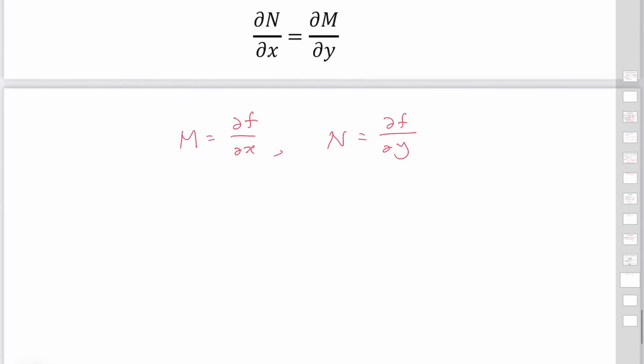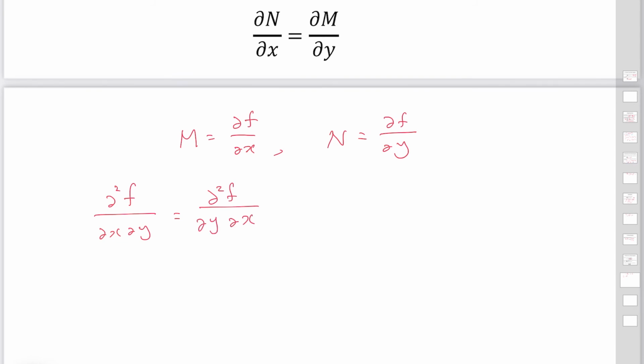The second derivative ∂²f/∂x∂y is equal to ∂²f/∂y∂x. So from these equations, this is ∂/∂x of ∂f/∂y equals ∂/∂y of ∂f/∂x.